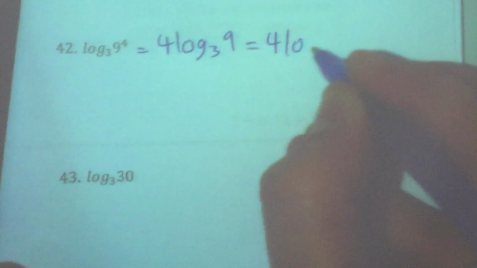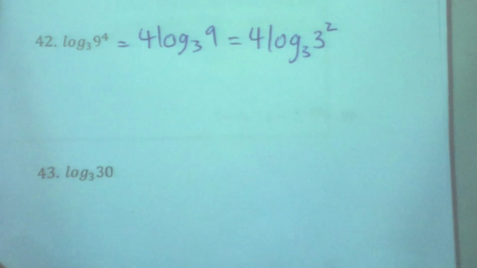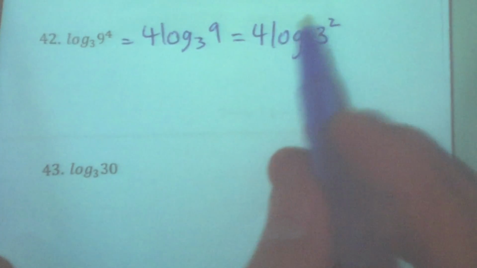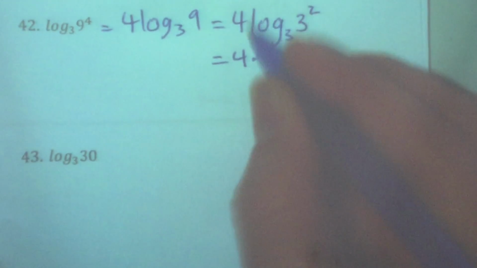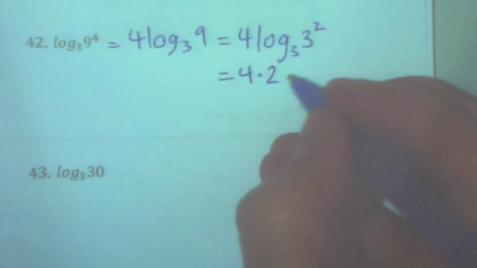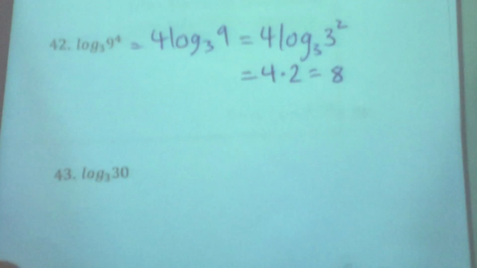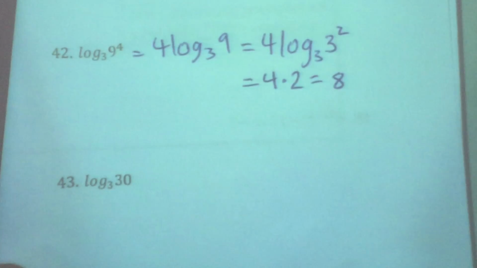So I'm going to write it as log base 3 of 3 squared. At this point the base matches the argument, so this is just 2. So it's 4 times 2, which is 8. Log base 3 of 9 to the 4th power is just 8.